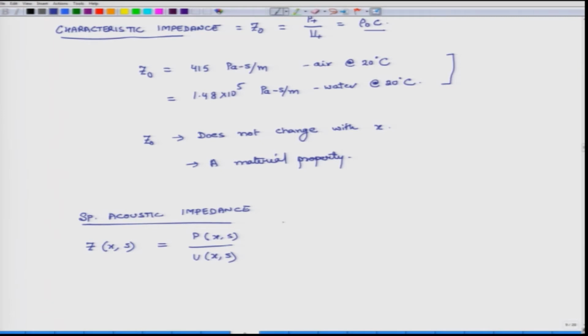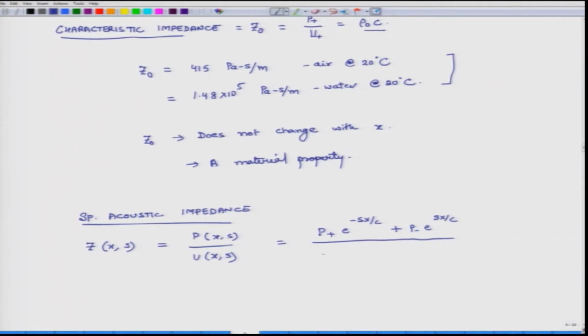Now, for waves in one dimension, what is P of x and s? It is P plus e to the minus s x over c plus P minus e to the s x over c. This is how we had defined complex pressure amplitude.